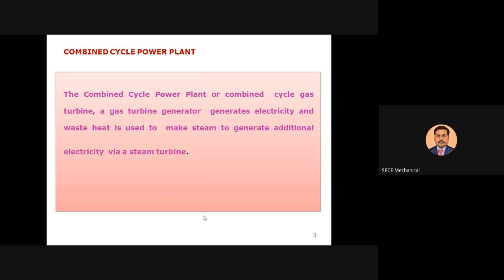What I am trying to say is, with the help of the gas turbine, we are able to produce power. The exhaust from the gas turbine is waste heat. That heat can be utilized further to generate steam, and that steam can be used to produce further power. With the help of these two systems, the gas turbine and the steam turbine, we are able to produce more power compared with the existing method.